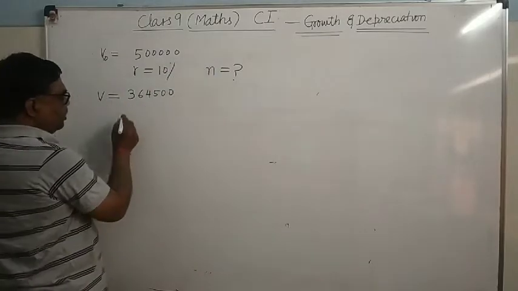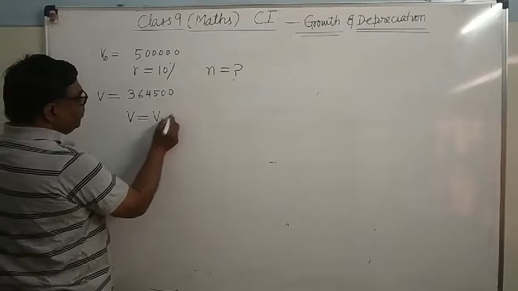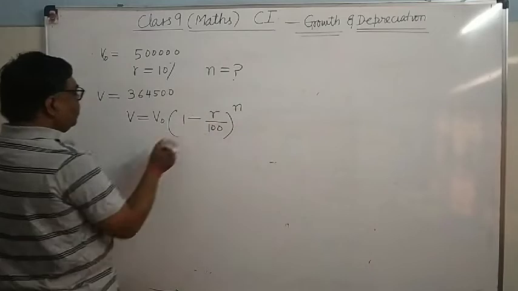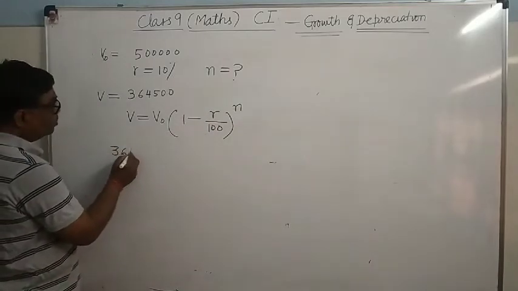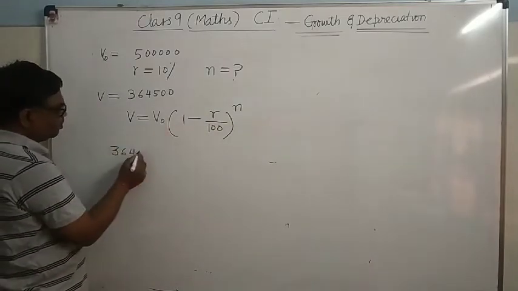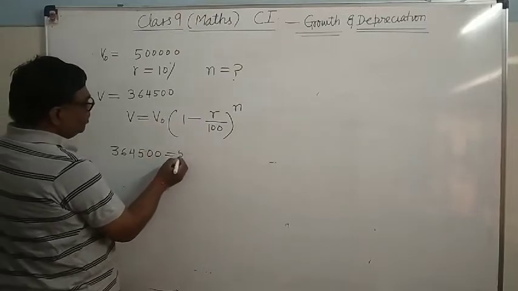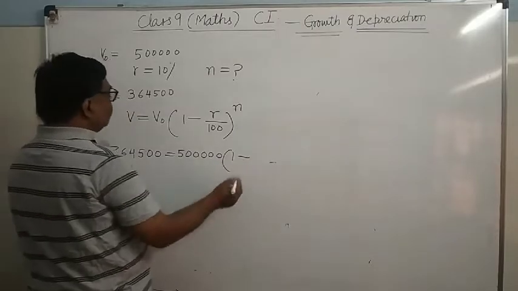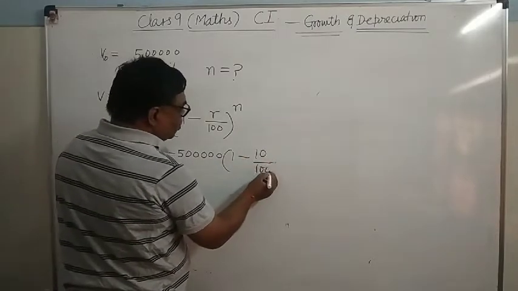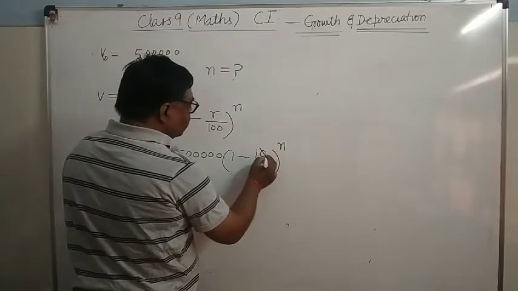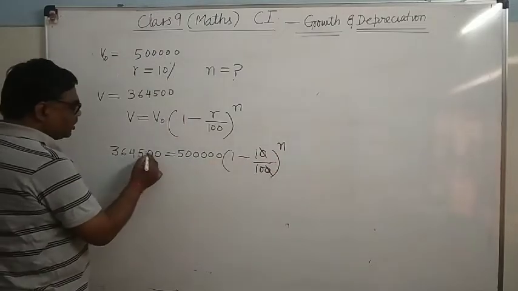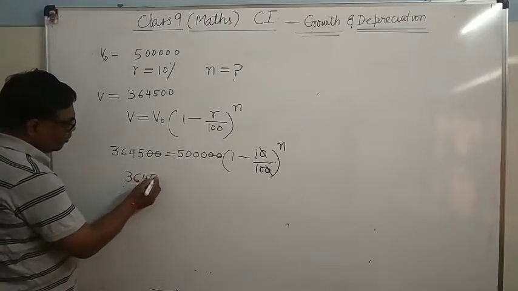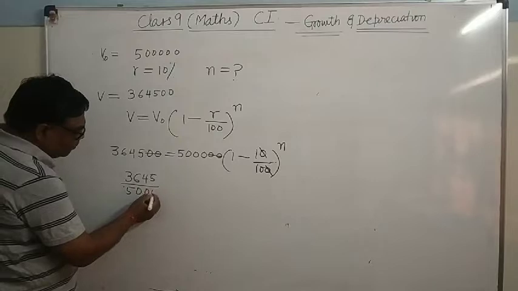You have to determine. And so V equals to V naught 1 minus R upon 100 whole to the power n. You substitute 364500 equals 500000 into 1 minus R, how much? 10 upon 100 whole to the power n. So here you can cancel 2 zeros. It's clear. Now you bring in this side, 3645 upon 5000.